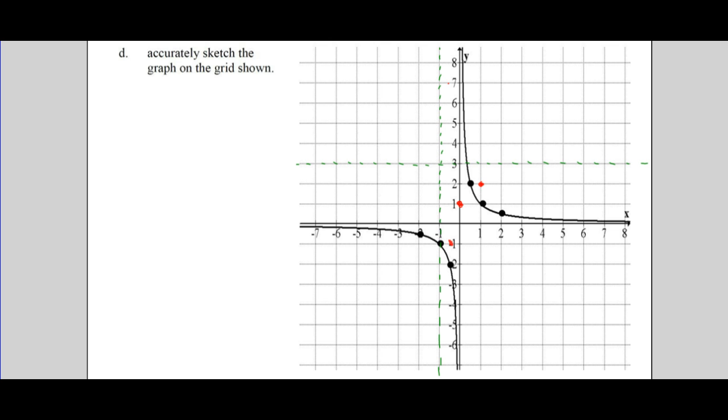Okay, and then we're going to sketch this and this. So you do the left side. Same deal, right? So I just say, okay, got a point, it's here. So now it's here.